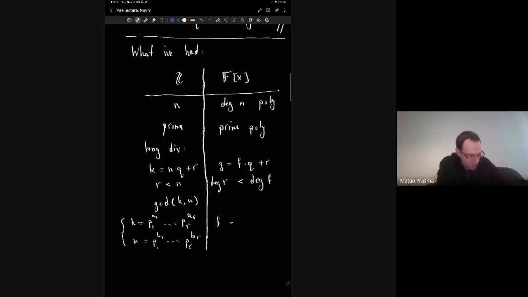I mean, you have a unique factorization of f into polynomials, maybe I can write it here in the same way, with the p_i prime polynomials.